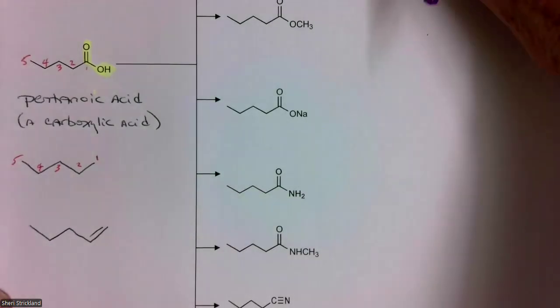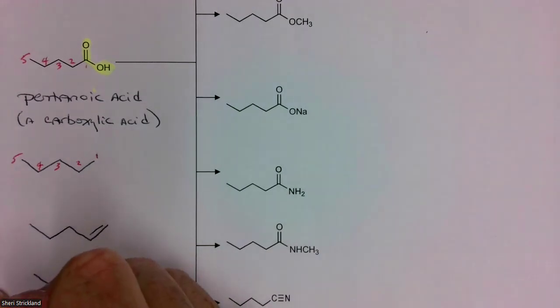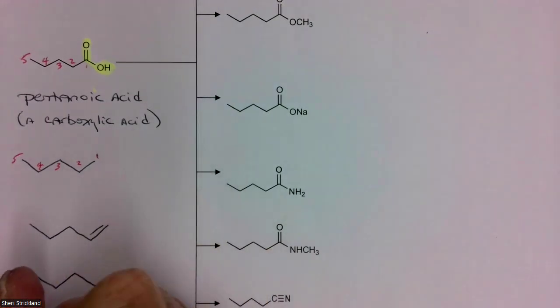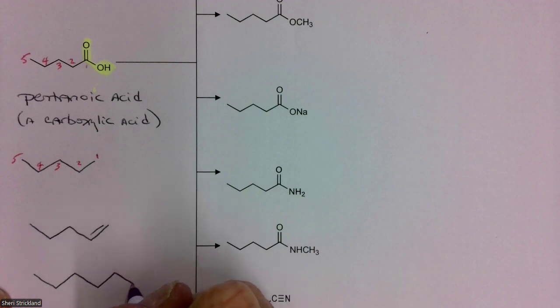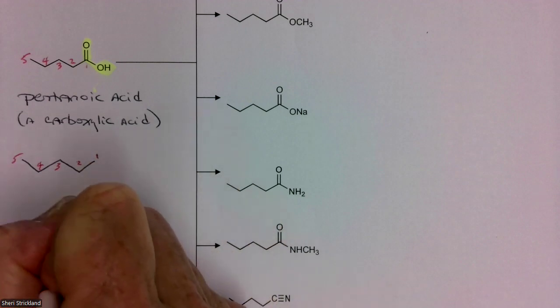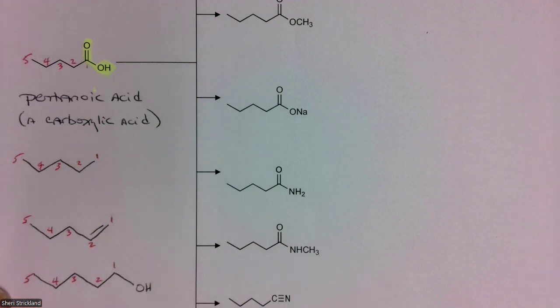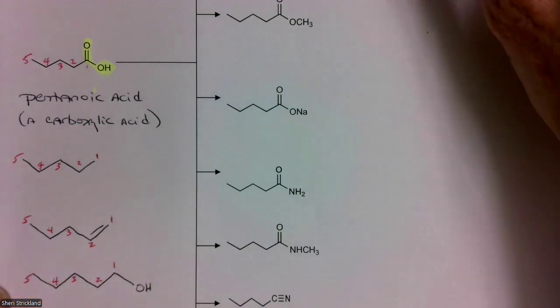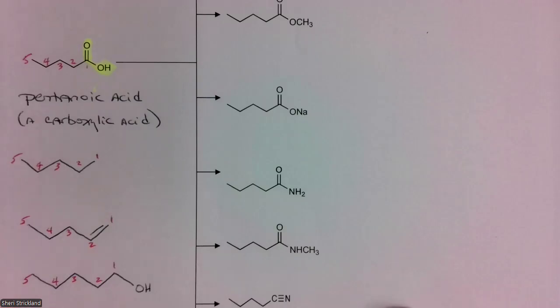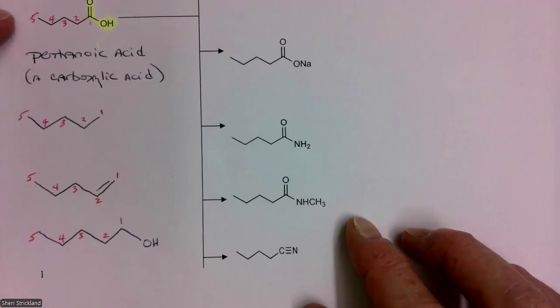And then we'll do one more. Let me make sure I've got my number of carbons correct. All right, 5 carbons in each case. So I'd like you to write me the systematic name for each one of these 3 compounds. Okay. Pause the video and do that and come on back.